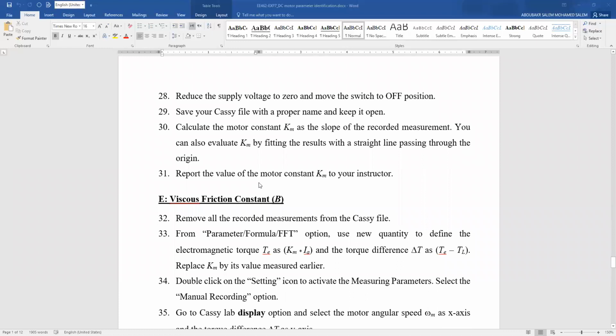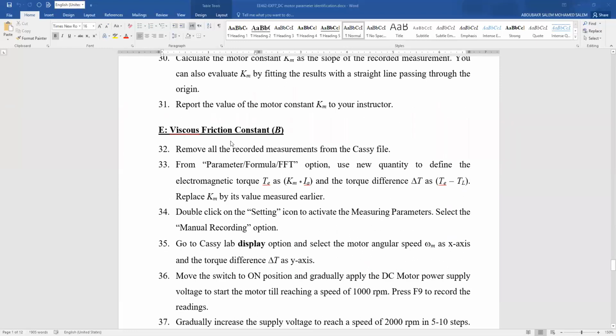So now we can calculate RA, the electrical time constant and the motor constant. We still need to calculate two different parameters, which are the machine friction coefficient and the mechanical time constant, to calculate the motor inertia.